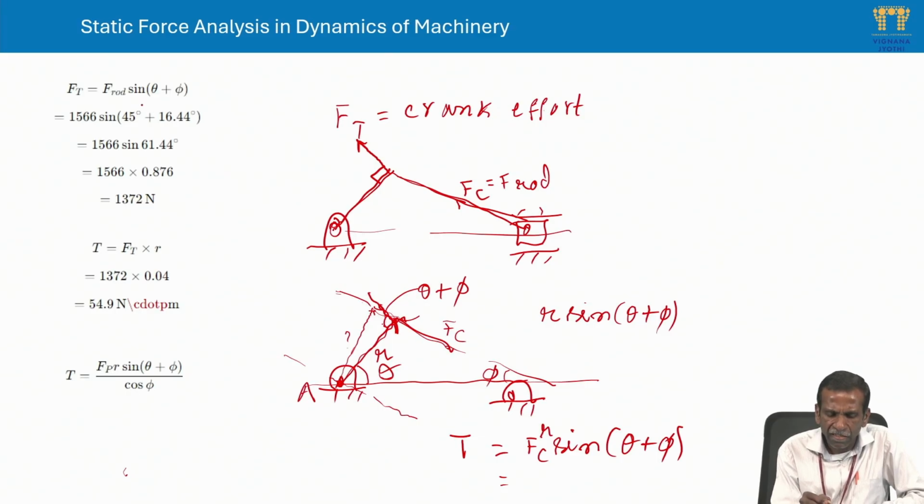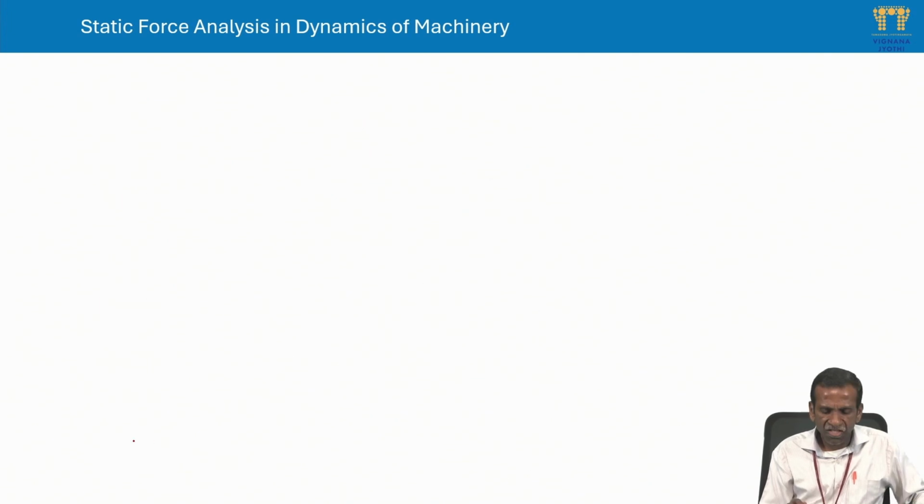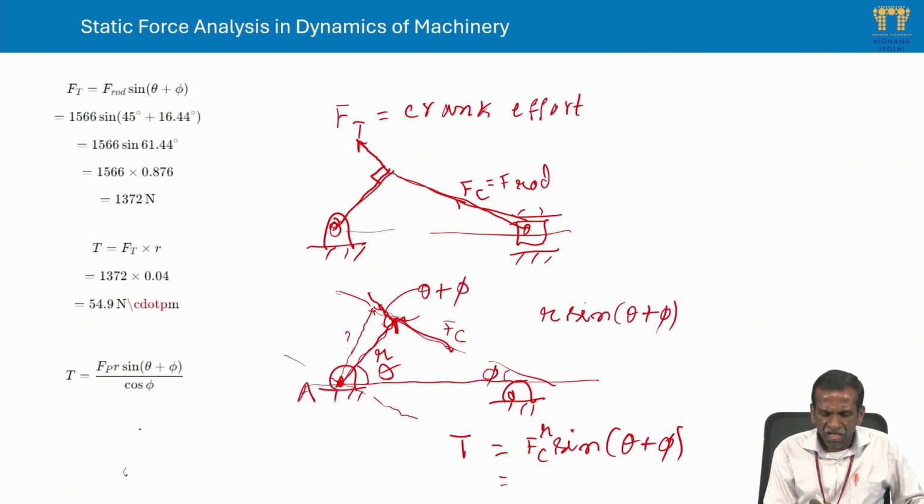So you can calculate Ft equal to Fc sin(theta plus pi), and torque equal to Fc r sin(theta plus pi). If you know Ft exactly perpendicular, then Ft into r will give torque. Or else if you take only Fc, then the perpendicular distance is r sin(theta plus pi), so Fc into r sin(theta plus pi) gives the torque. Either way, you are going to get the torque value from this relation.